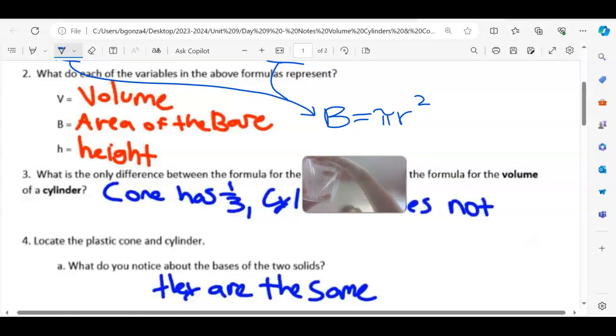It's the exact same height. How do I show this? There we go. Okay, y'all see that? So same exact circle, same exact height of this cone and this cylinder. So that's what we notice about the two solids, that they have the same height and the same base. Cool?